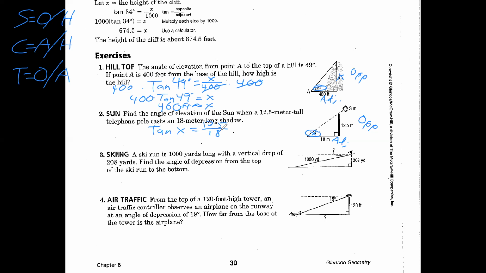We're not getting rid of tangent of x, we're just getting rid of tangent. We have to undo that operation. So to undo tangent, we do inverse tangent. So inverse tangent of both sides. On this side, it cancels off. On this side, it's inverse tangent of 12.5 over 18.